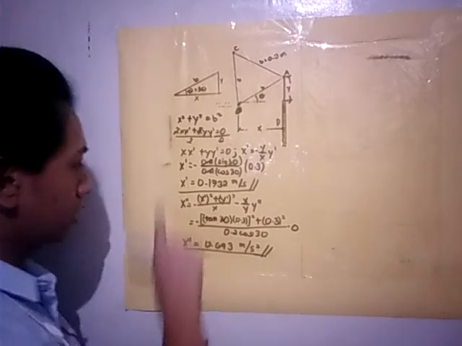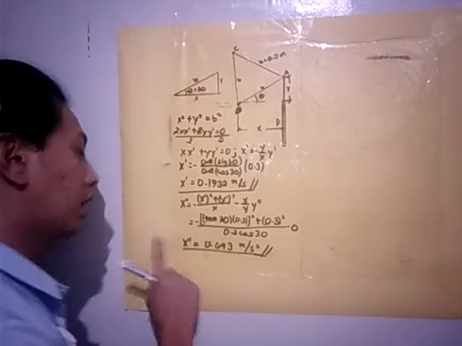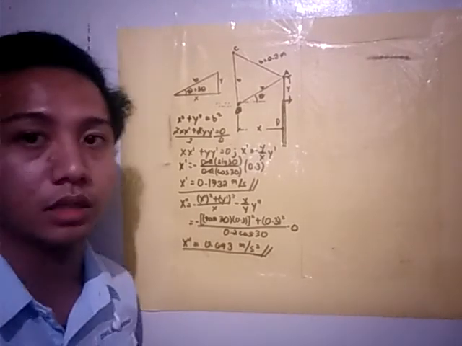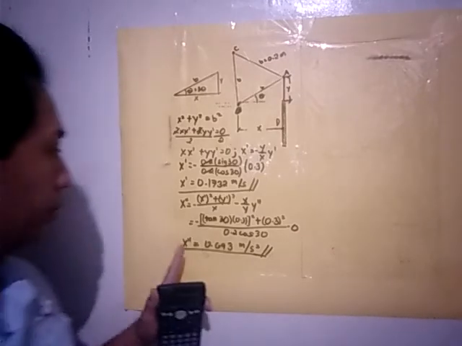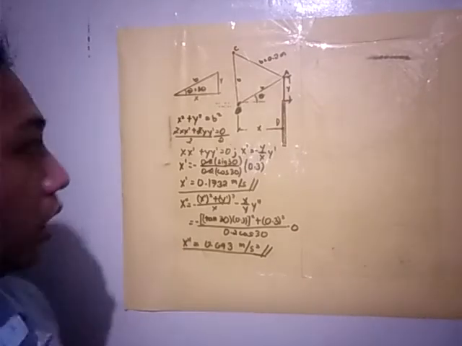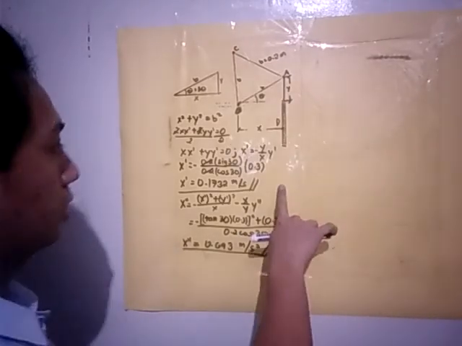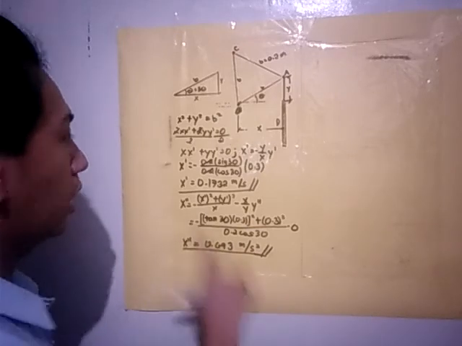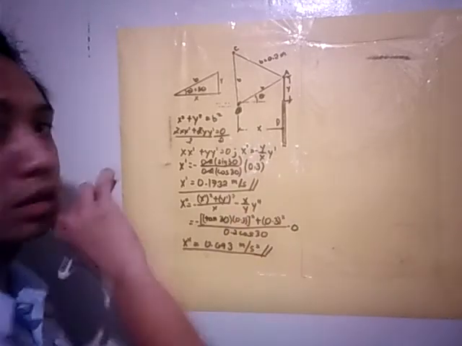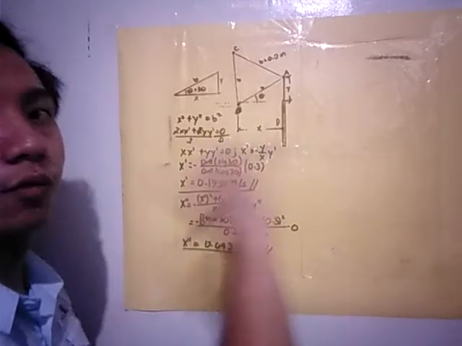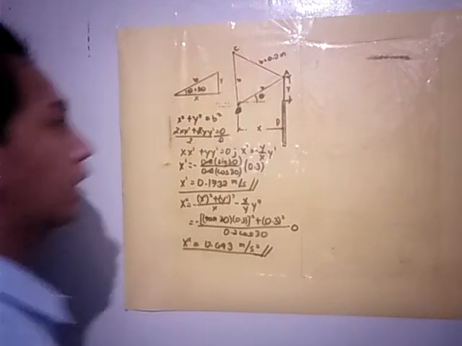Both acceleration and velocity are positive, and the positive sign shows that our acceleration and velocity is moving to the right.